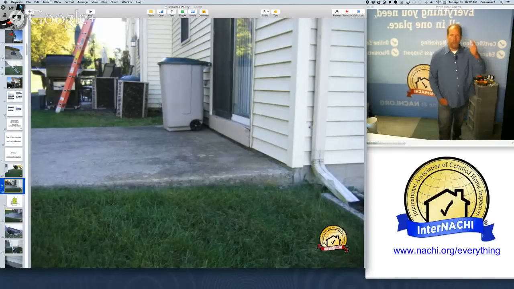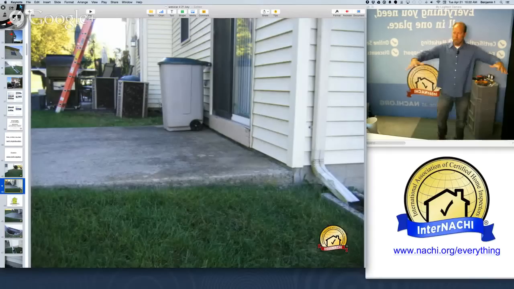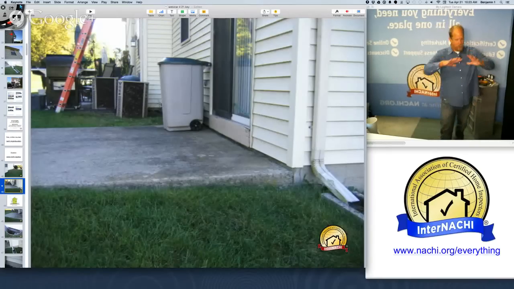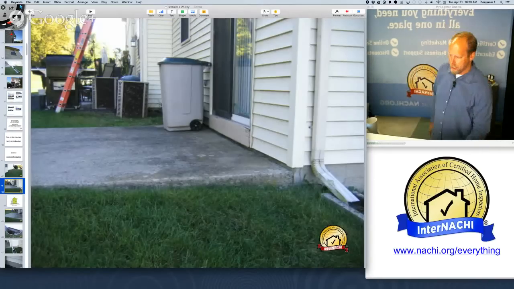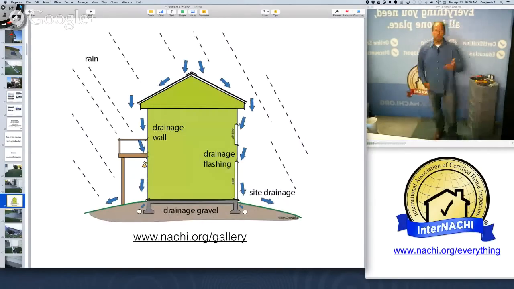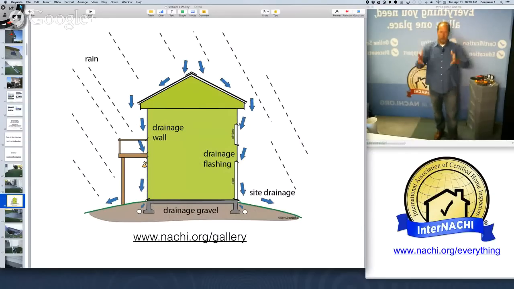And again, I'm thinking of how water moves. We want the grading, the grounds around the structure to be sloped away. And we want water to shed away. We don't want anything pulling up against the house. And we have graphics to illustrate, help communicate to your client what is ideal. You want rainwater to just wrap around and drain away.